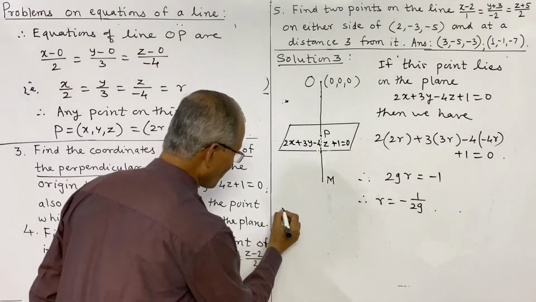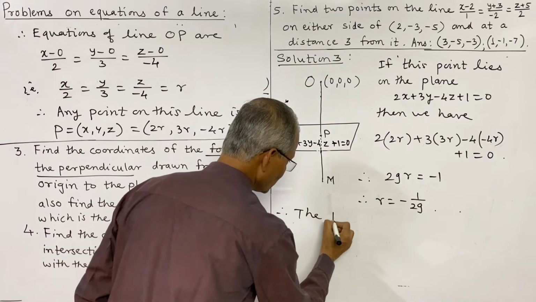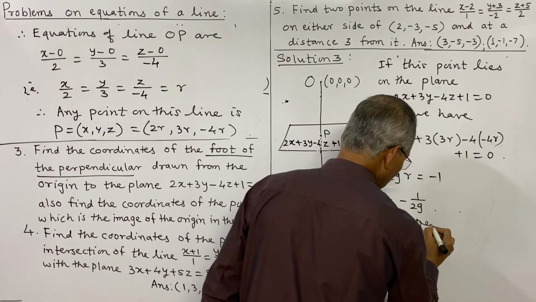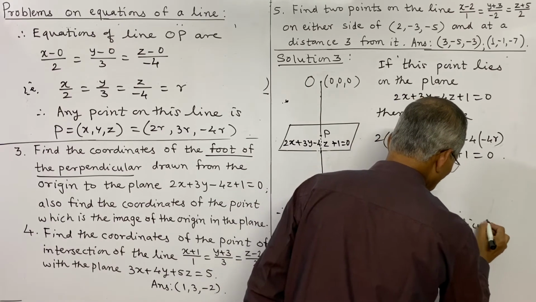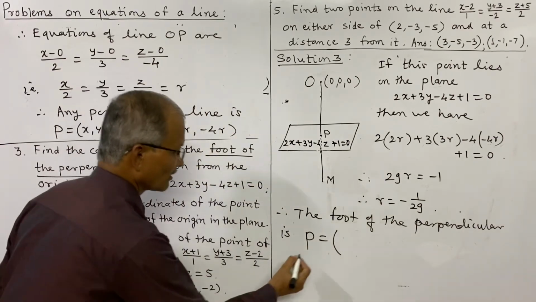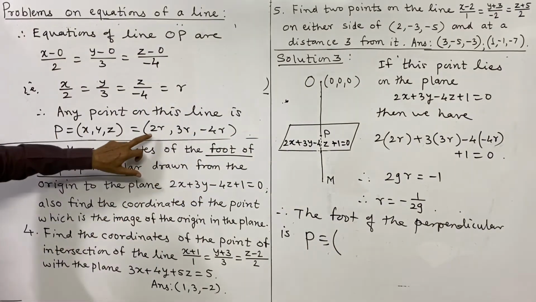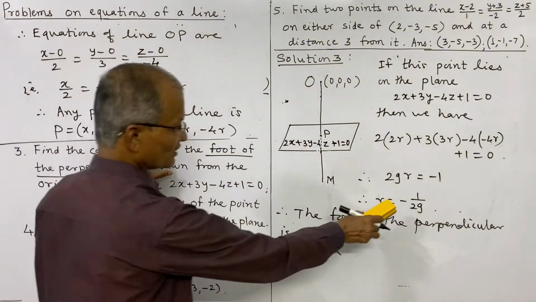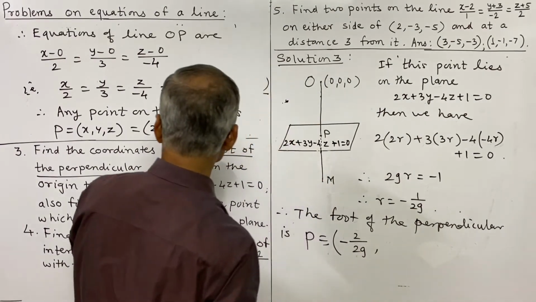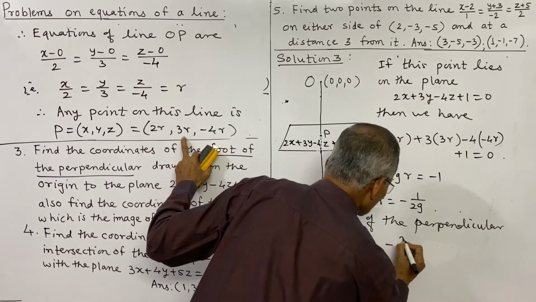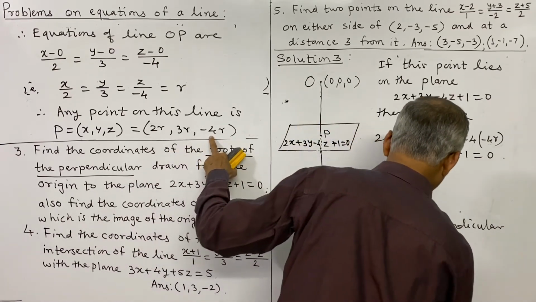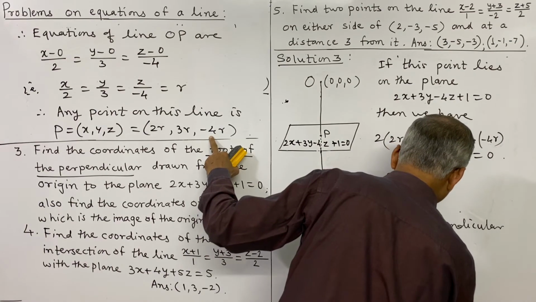Therefore the foot of perpendicular is P. What are the coordinates of P? 2r, multiplied by 2, is minus 2 by 29, and 3r for the y coordinate is minus 3 by 29, and minus 4 times r, minus of minus becomes plus 4 by 29.